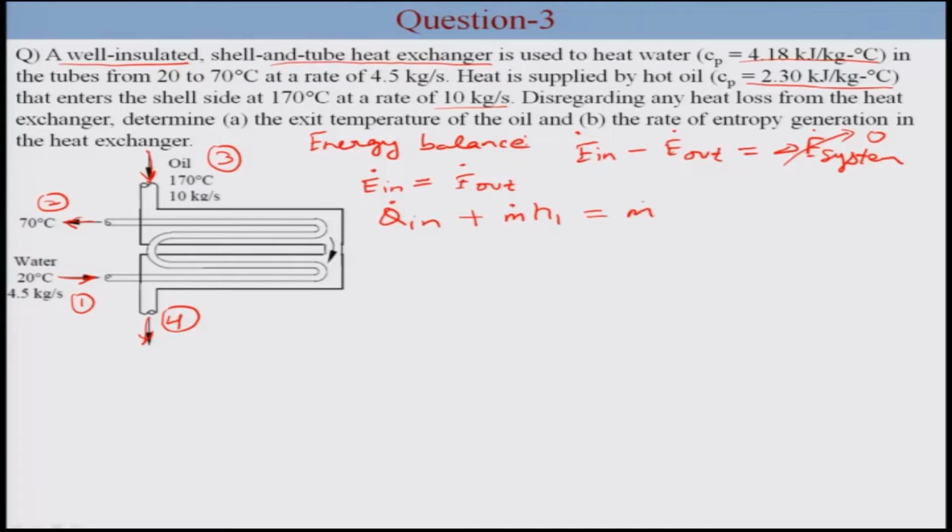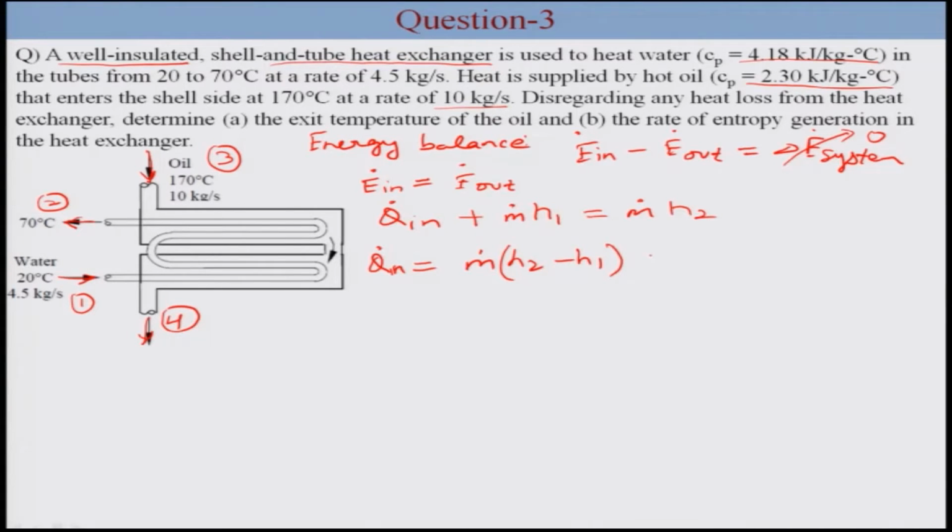So, that will be mass of water multiplied by the enthalpy of water at point 2. Now, the rate of heat transfer to the cold water in this heat exchanger becomes Q dot in is equal to m dot H2 minus H1.